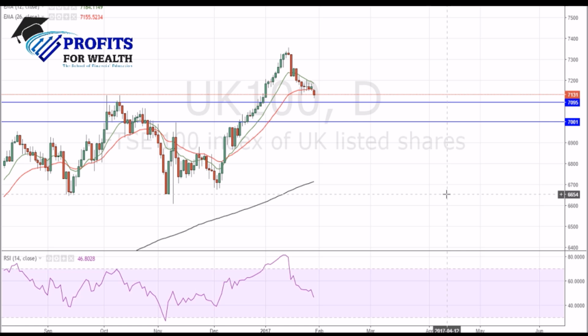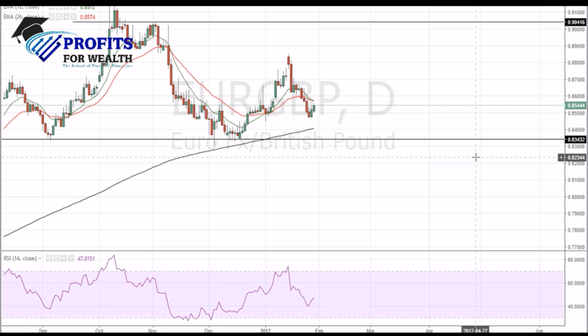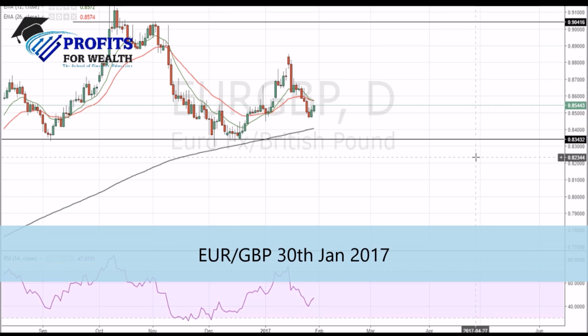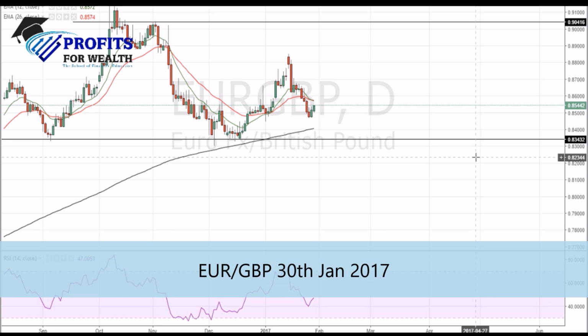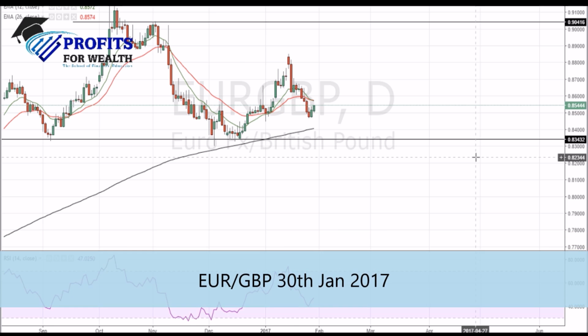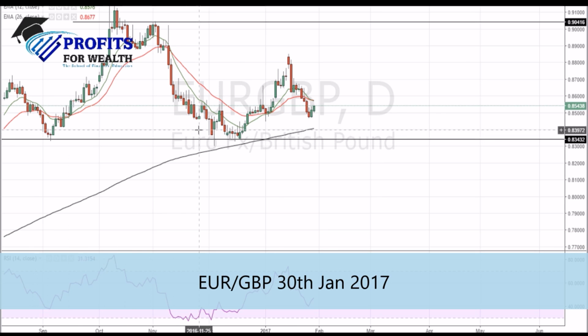Okay guys, so let me jump into euro versus GBP. Overall the trend is up, a bullish trend, but it's making its range between 0.8343 and 0.90, and now it took a turn a little bit earlier.